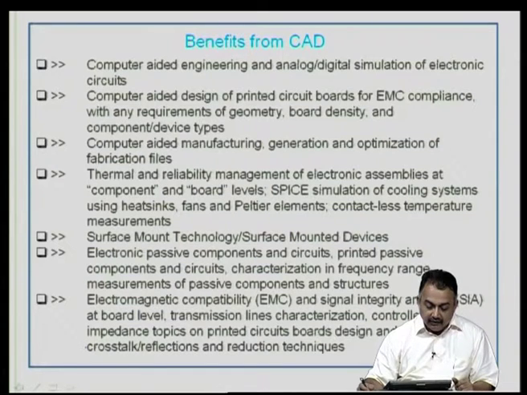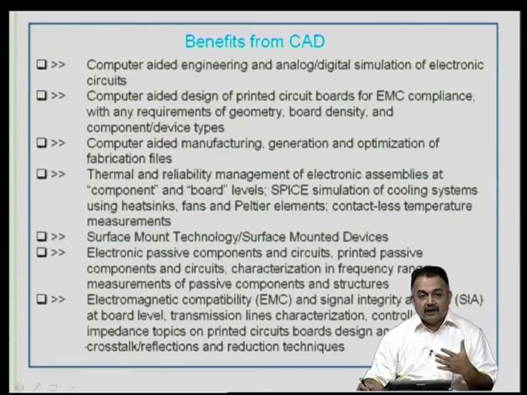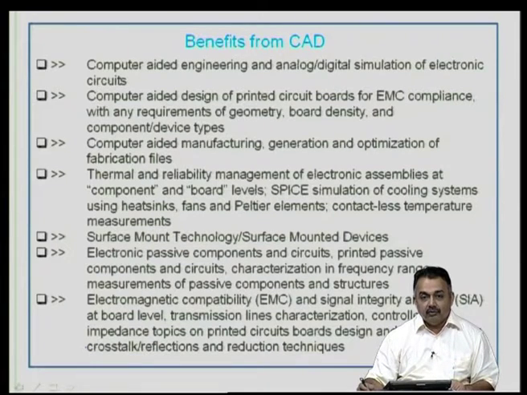The benefits from CAD include computer aided manufacturing, generation and optimization of fabrication files, because today all manufacturers are well versed with computer aided manufacturing. Even when they start manufacturing a printed wiring board, the product planning, that is the entire planning of the printed circuit board fabrication, is automated.